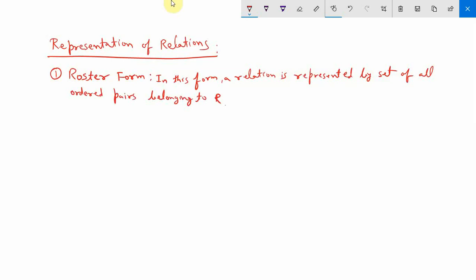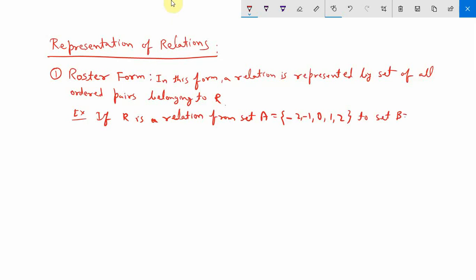Okay. So if R is a relation from set A, which is given as -2, -1, 0, 1, 2, to set B, which has elements 0, 1, 4, 9, 10, 11, by the rule a R b, the rule is a squared equals b.